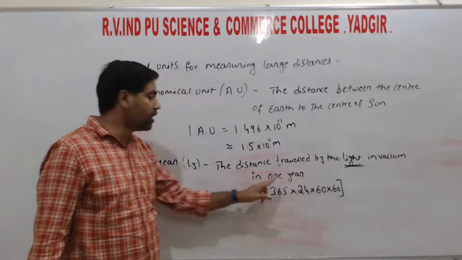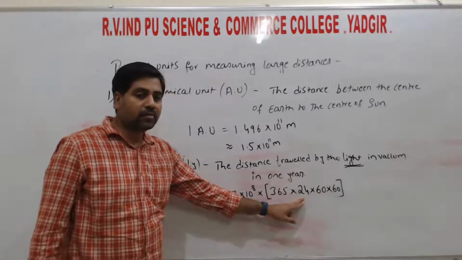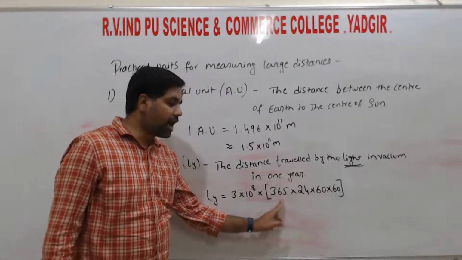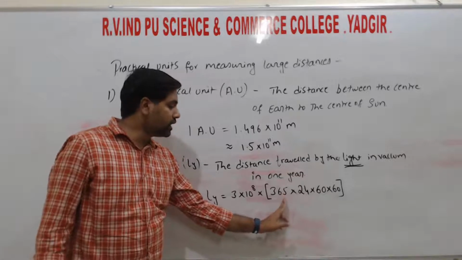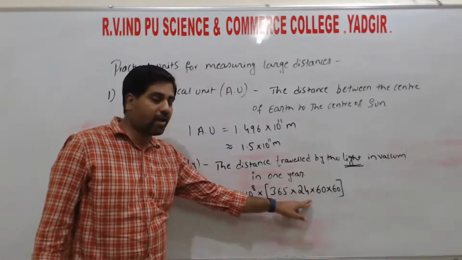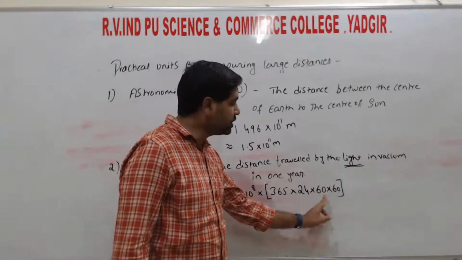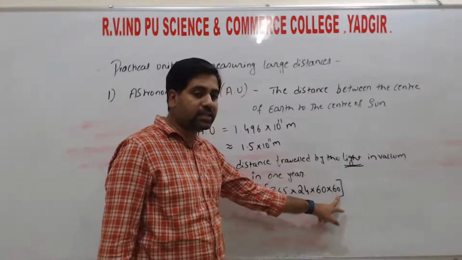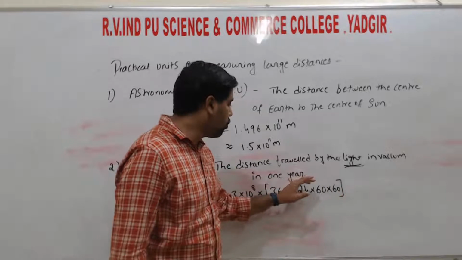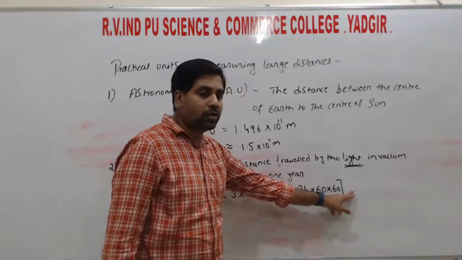That's why we need to convert this 1 year into seconds. For 1 year we have 365 days, for every day we have 24 hours, every hour we have 60 minutes, and every minute we have 60 seconds. Then this whole 1 year is converted into seconds.